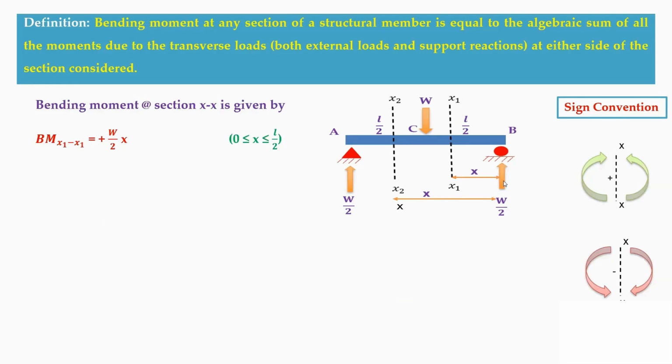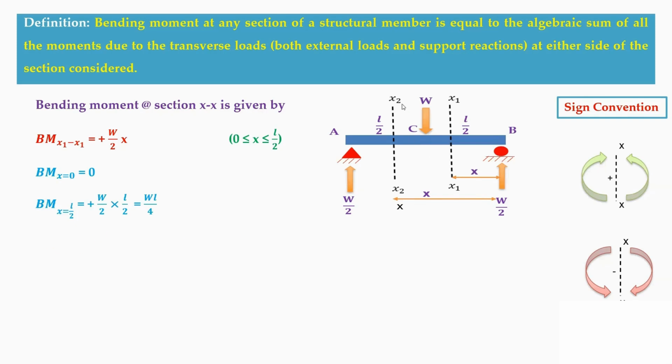At the B support you have an upward reaction, heading towards this X1 section, which is also in anti-clockwise direction at this section. So it is plus W by 2 into X, and the limits here are 0 to L by 2. At X equal to 0, the moment is 0, that is at B. And at X equal to L by 2, that is at C, it is WL by 4.